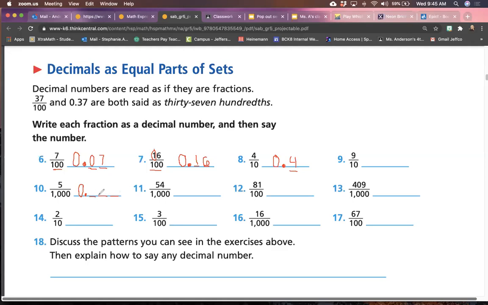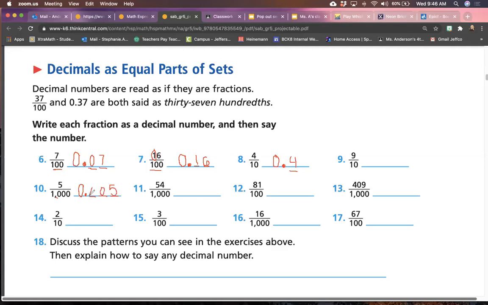Okay, which one though? Where would my 5 go? Your 5 would be in front of the 0. Well, we know we have 0 wholes, right? And what's 1 place value over here? We said tenths, hundredths, thousandths. We're working in thousandths. So we'd be way over here in 5 thousandths.